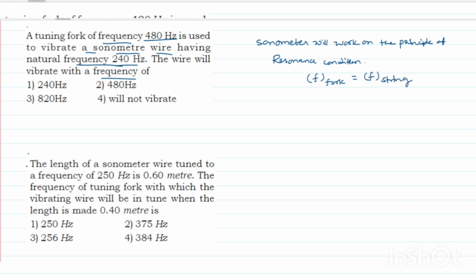The wire will vibrate with the frequency of the tuning fork, which is 480 Hz. Then the frequency of the string is also the same, that is 480 Hz. This is the correct answer.